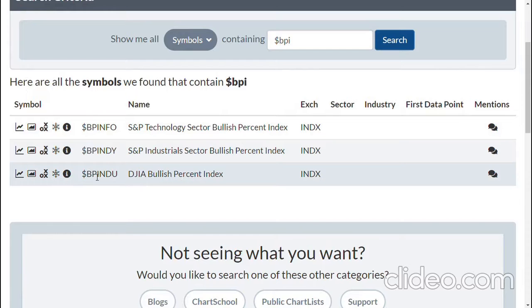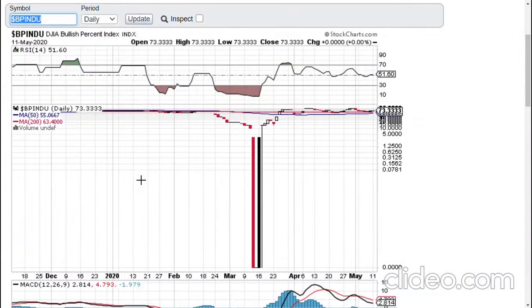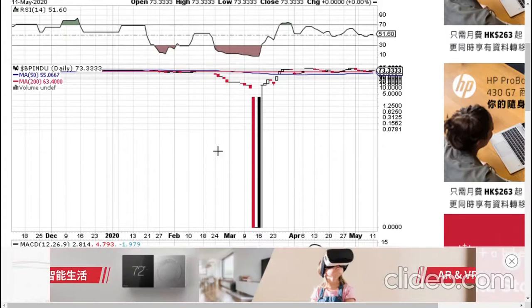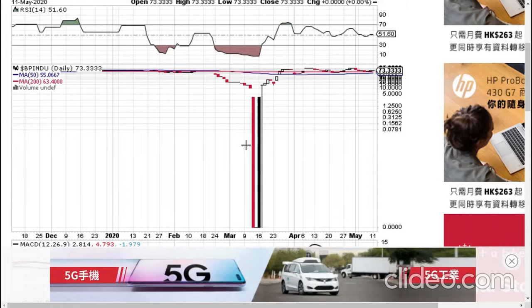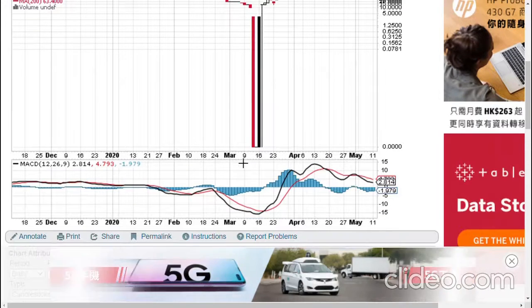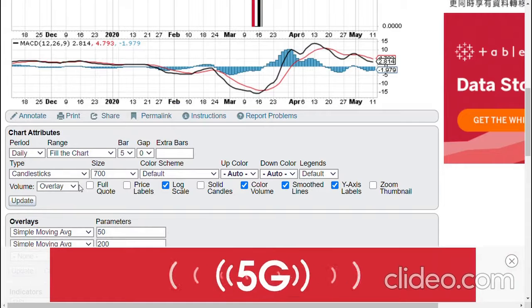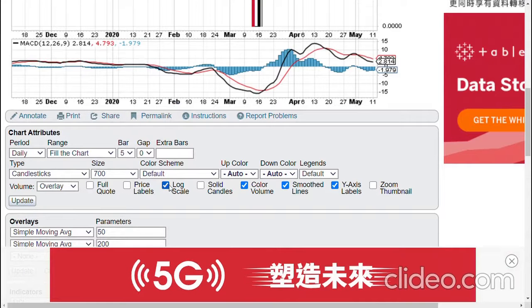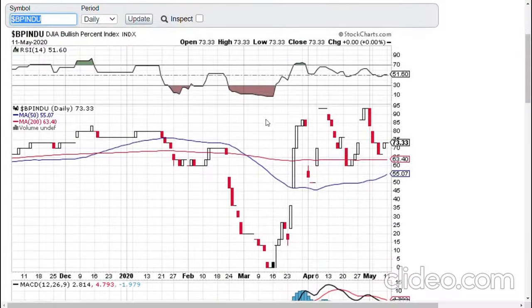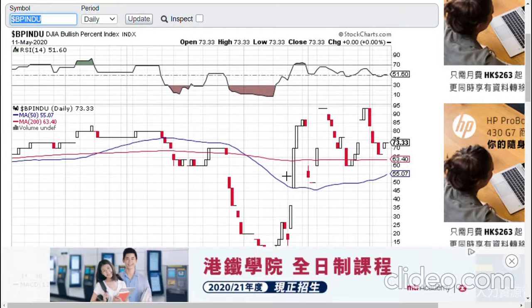There are also not so many people aware of this kind of analysis. This looks terrible. This means that in March there was a huge down and up, and you can turn it back to without the log scale. It's now much more clear.